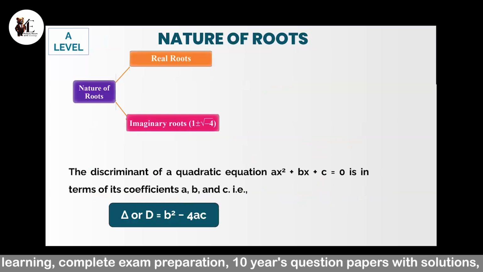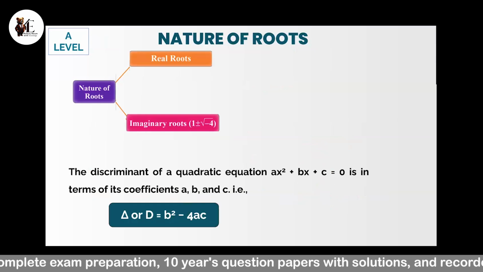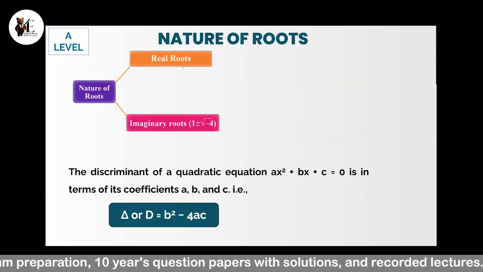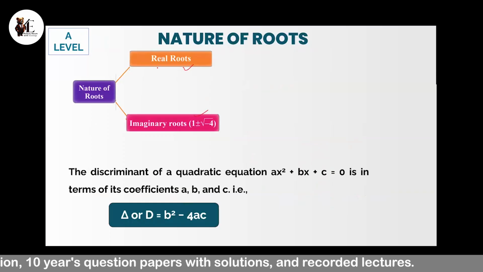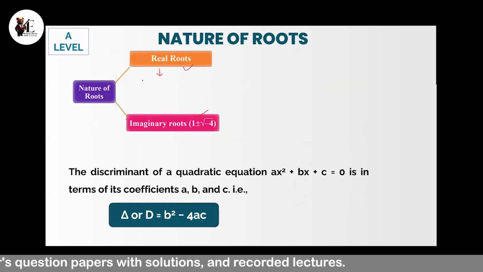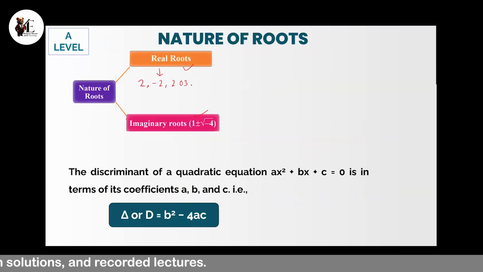So there will be two types of roots. The first one is real roots, the second one is imaginary roots. Real roots include every type of number. It can be a positive number, a negative number, a decimal, a fraction, or a square root. So real numbers consist of any type of number.